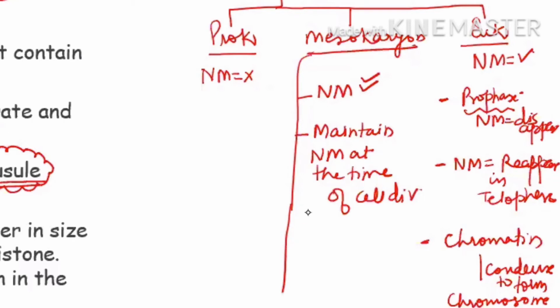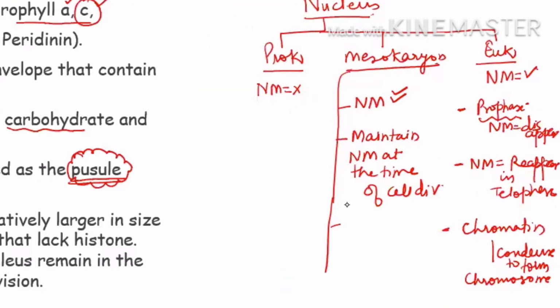Second thing is this, if you know in the eukaryotes, we have studied, chromatin will be present in the nucleus, but at the time of cell division, it will condense to form chromosomes. So here we are finding that they are having condensed chromosome even in interphase.